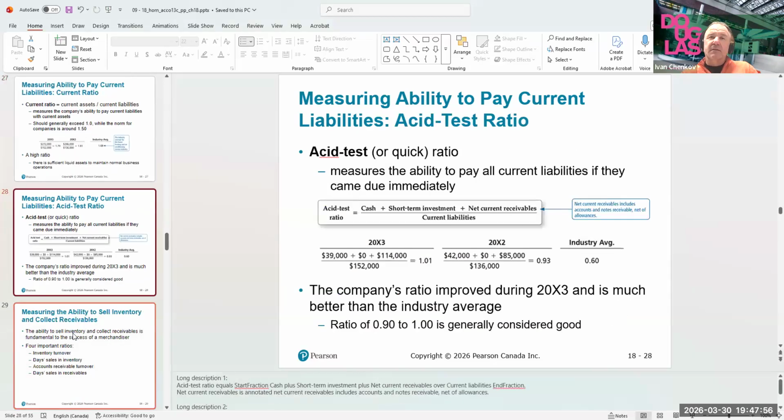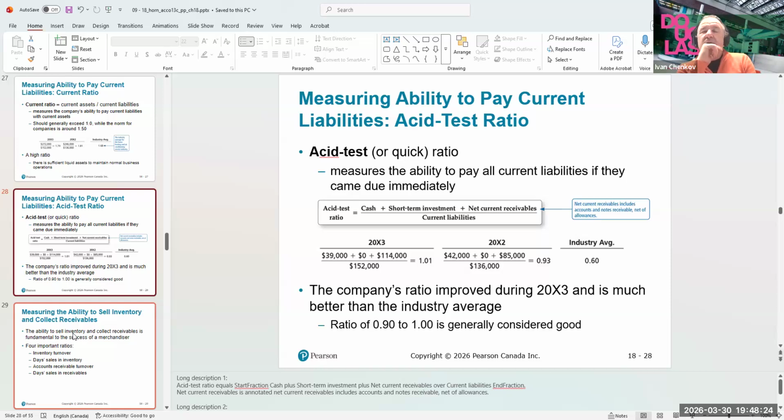Now we're going to the next ratio, which measures the ability of the company to pay the current liabilities, which is called the acid test ratio or quick ratio. Quick ratio is very close to the current ratio. However, in the quick ratio, you're including only assets which are easily convertible into cash.